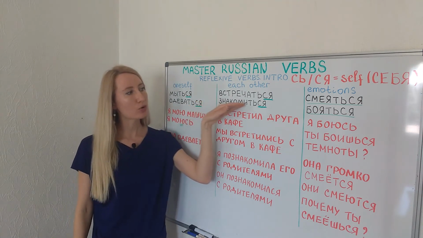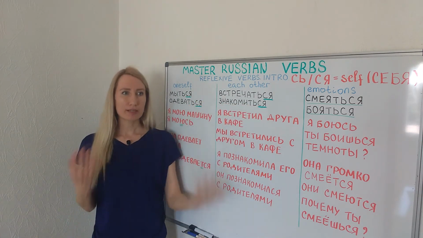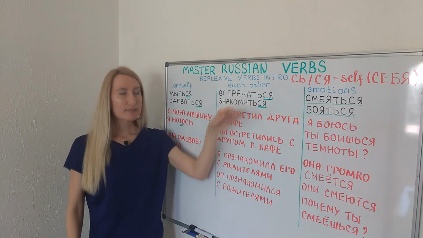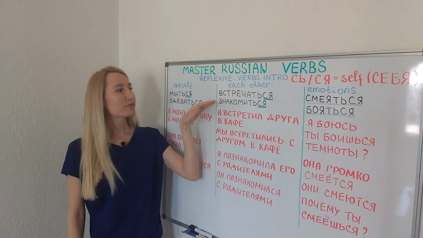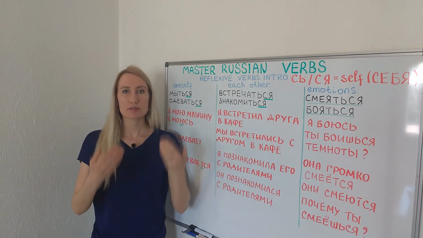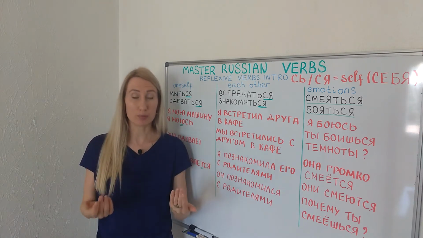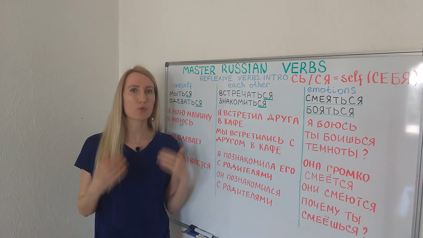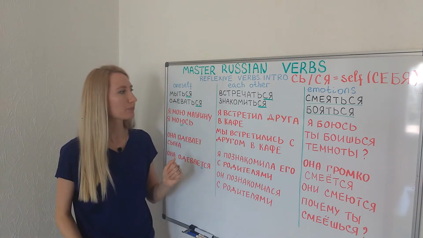Or знакомиться, to get acquainted with each other, formed from the verb знакомить, to introduce someone to someone, or to acquaint. I'm not sure that this verb is used, acquaint someone with someone.